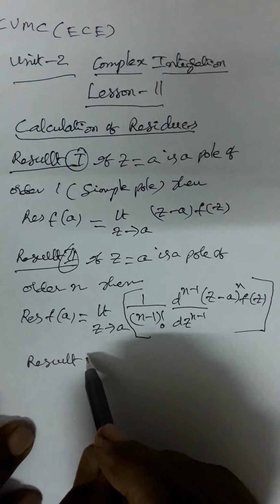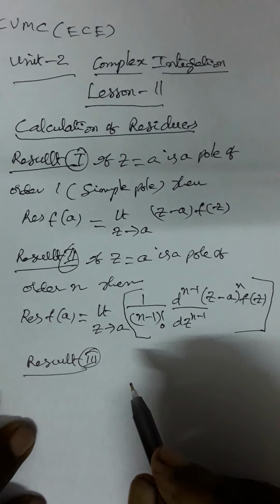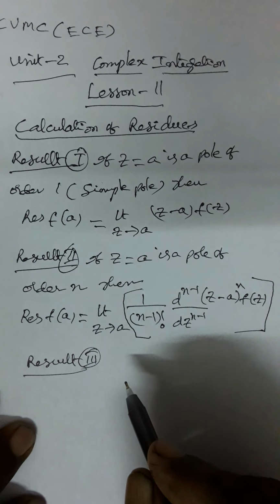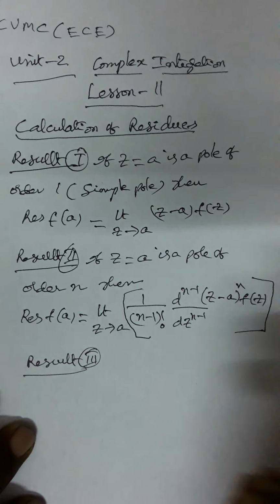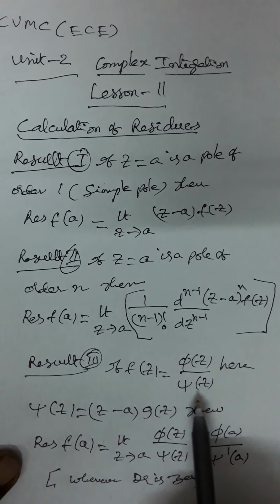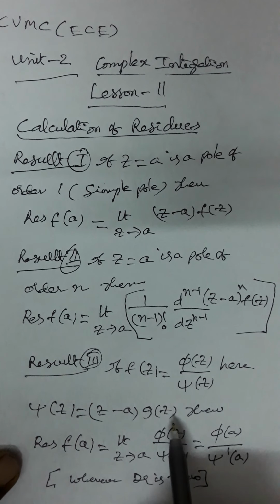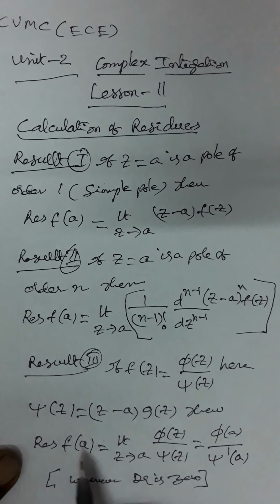Result 3. If f of z is equal to phi of z by psi of z, here psi z is equal to (z minus a) into g of z, then residue f of a is equal to limit z tends to a, phi z by psi z, is equal to phi of a by psi dash of a.